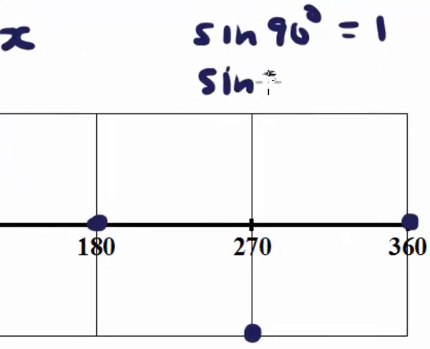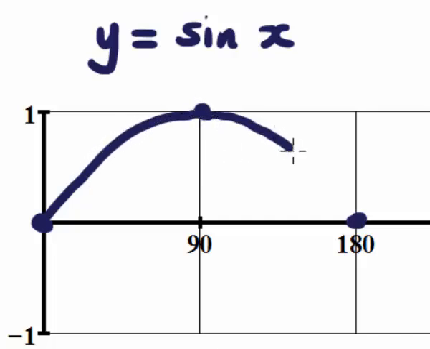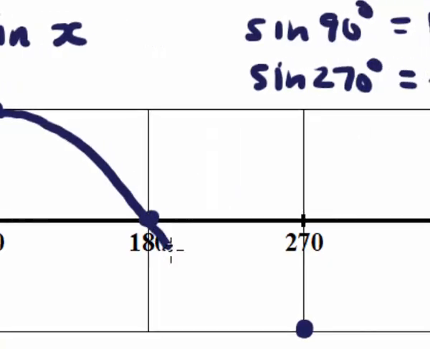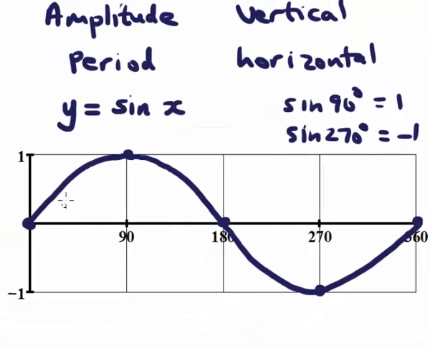Remember, just check that in a calculator, sine of 270 is negative 1. So you used your calculator to generate the basic graphs. So the sine x graph came up, it turns, it came down to 180, and then it went and turned to 270 and up to 360. The graph of y equals sine x. These are the critical points.